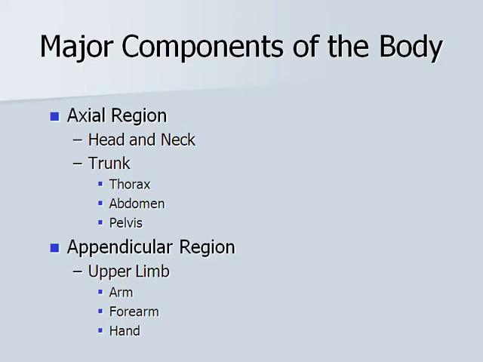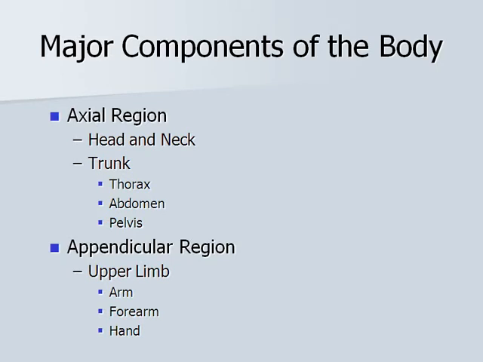Your abdomen, where most of your organs are. And your pelvis, okay, where your bladder and reproductive organs are. That's the axial region. Okay? You can think of that as the central region of your body. So we don't say chest anymore, we say thorax. We don't say belly anymore, we say abdomen. Okay? So the axial region: head, neck, and trunk.